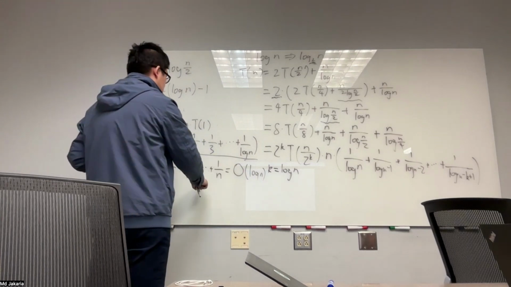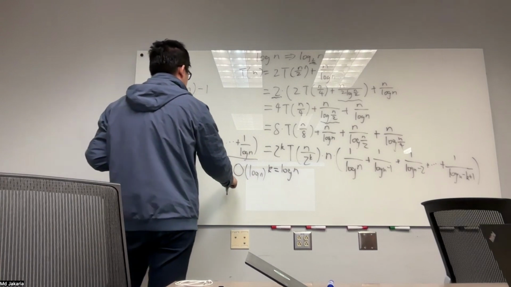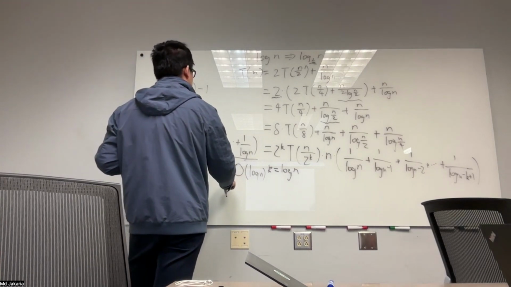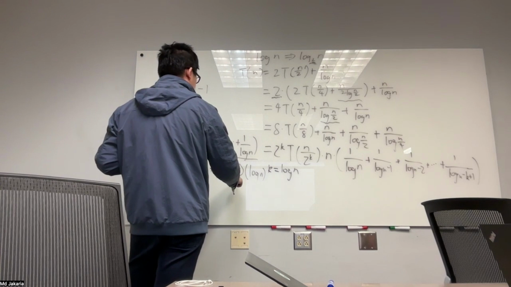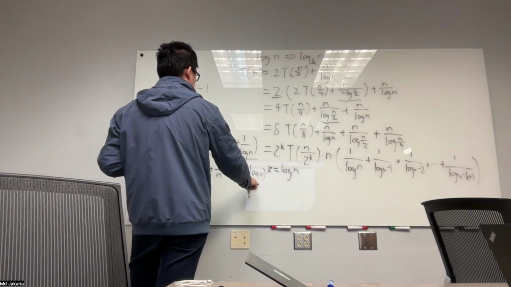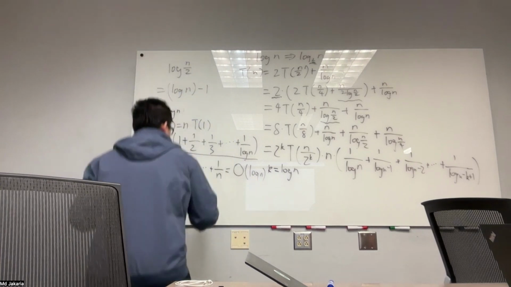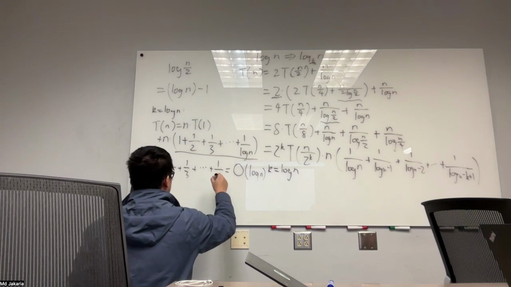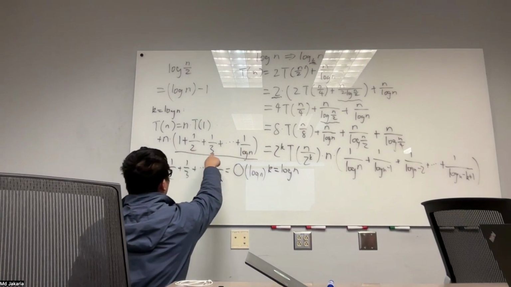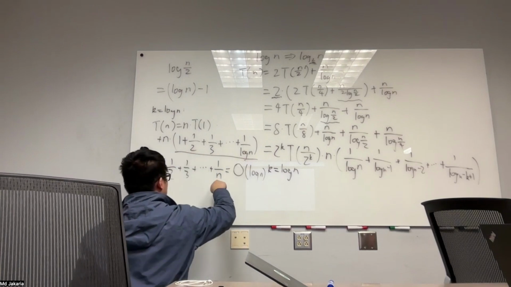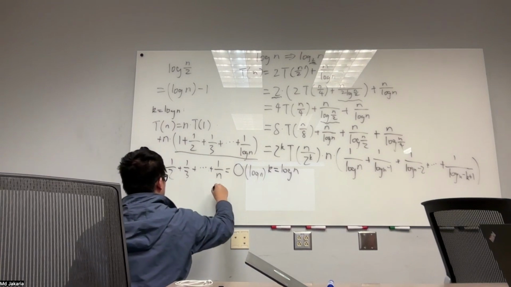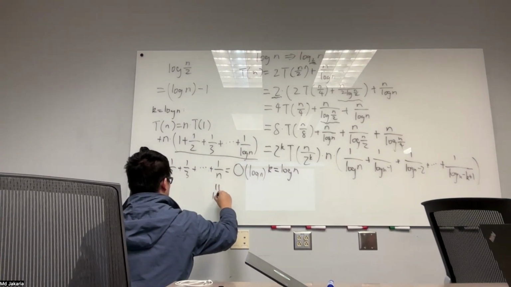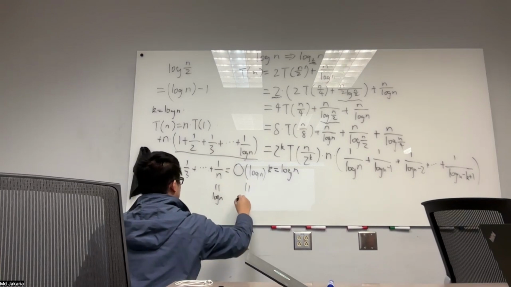This is the growth of the harmonic series, it goes to logarithm. And here, since we are adding only up to log n, this becomes log n, and this should become just log.